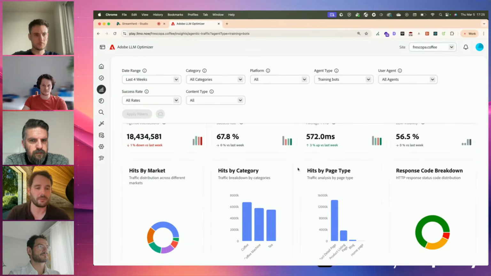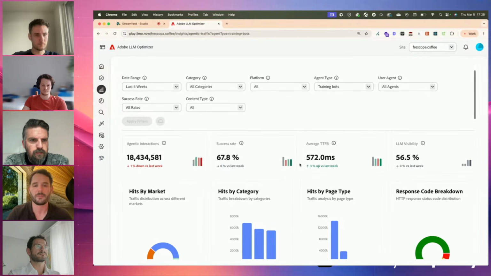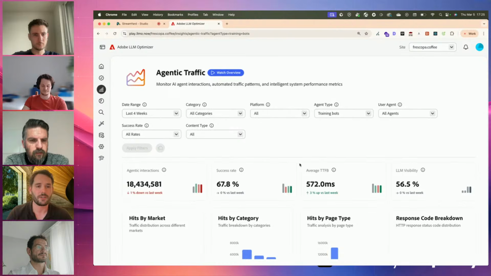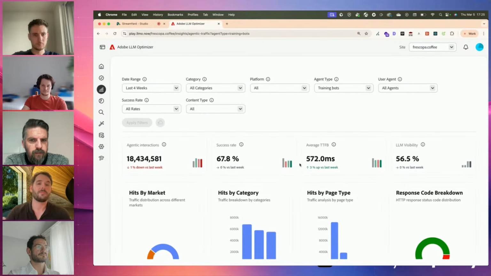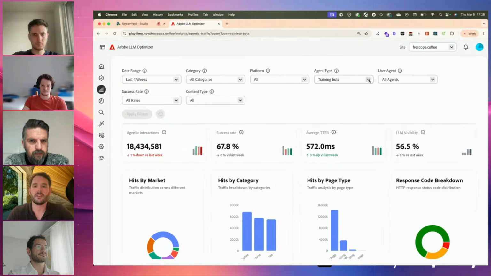So it's very secure. And then we get a lot of insights, which are very interesting, and not something, as far as I know at the moment, I might be wrong, but I don't think there is anyone on the market that does the same thing in terms of log information for agentic traffic. So basically that gives you information on how many times a specific agent or a specific platform hit your website.